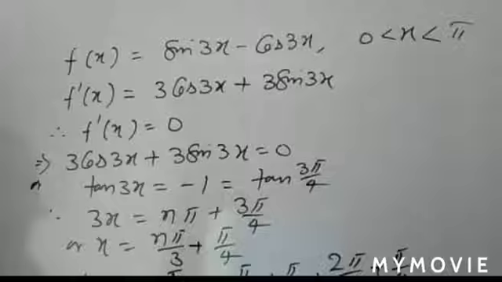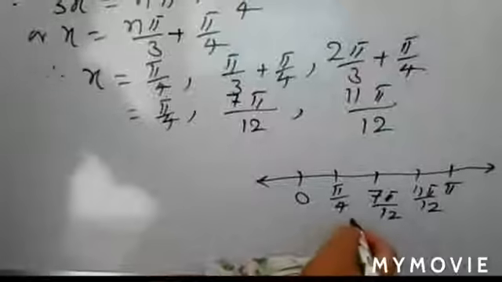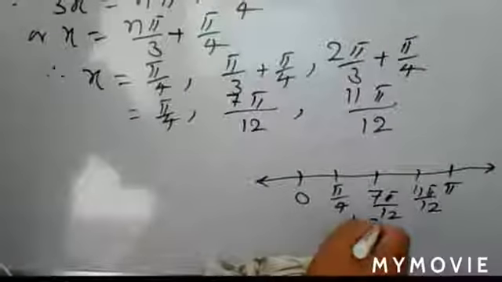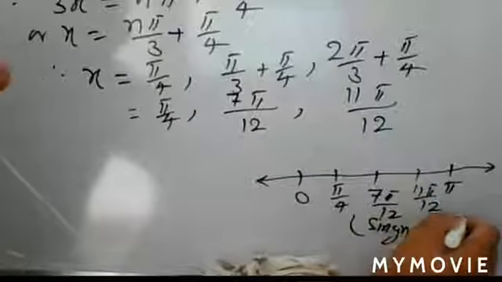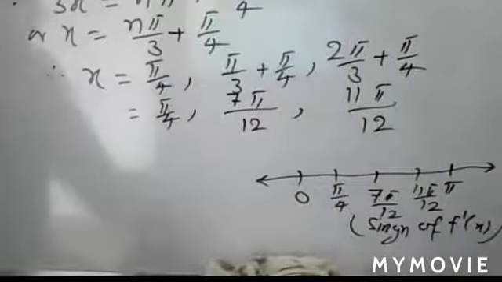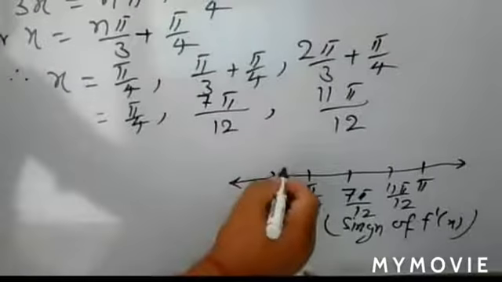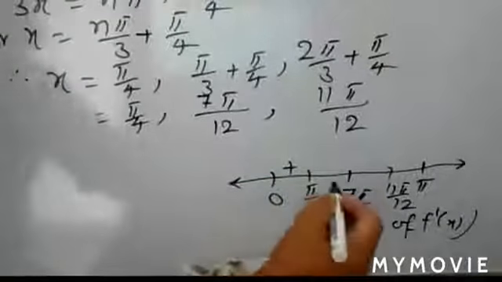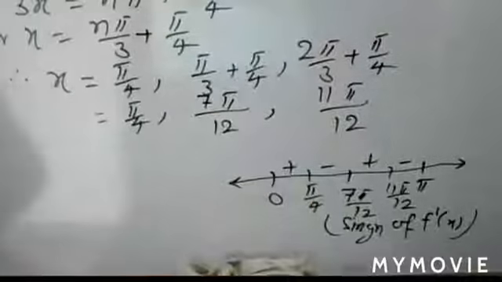On the number line you mention the sign of f dash x. This value is positive, so alternate the signs: minus, plus, and here minus.